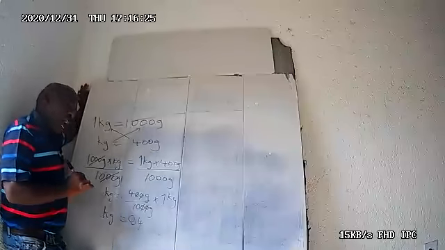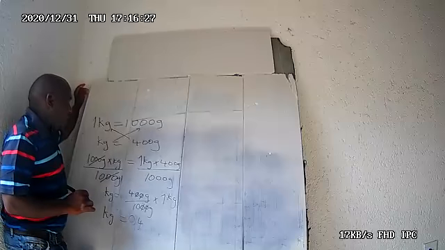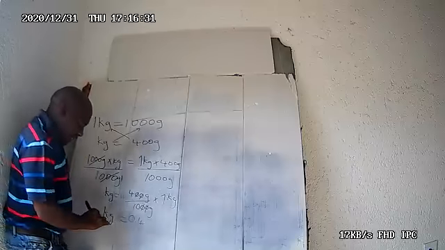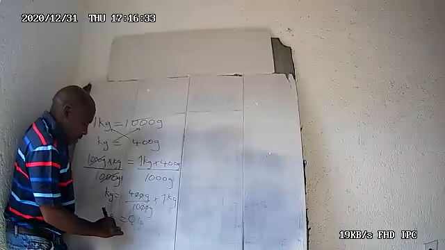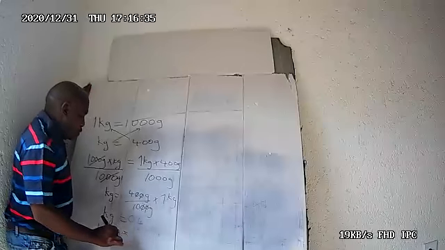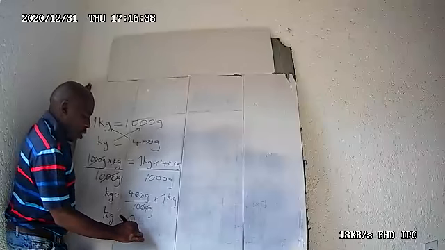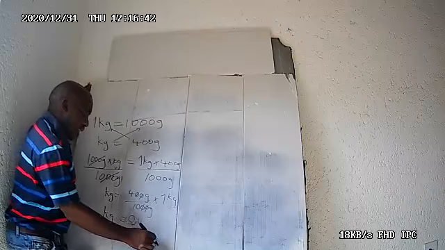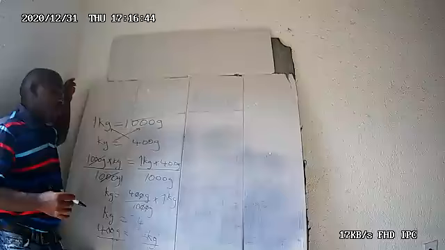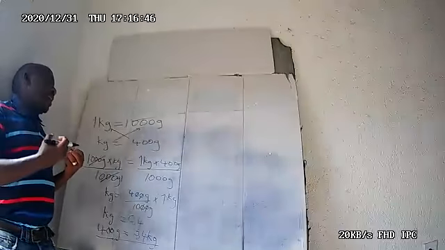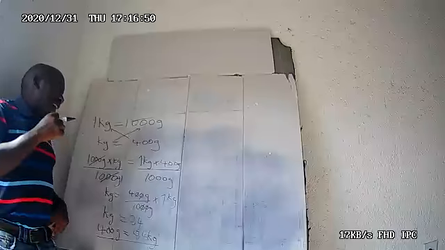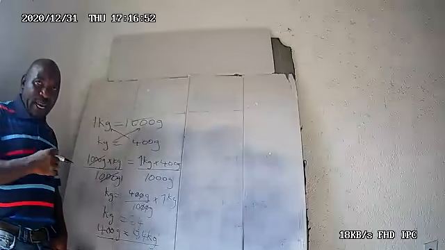In other words, our answer here is that 400 grams is equal to 0.4 kilograms. This is the answer here. Now, this is how you are expected to convert 400 grams into kilograms.